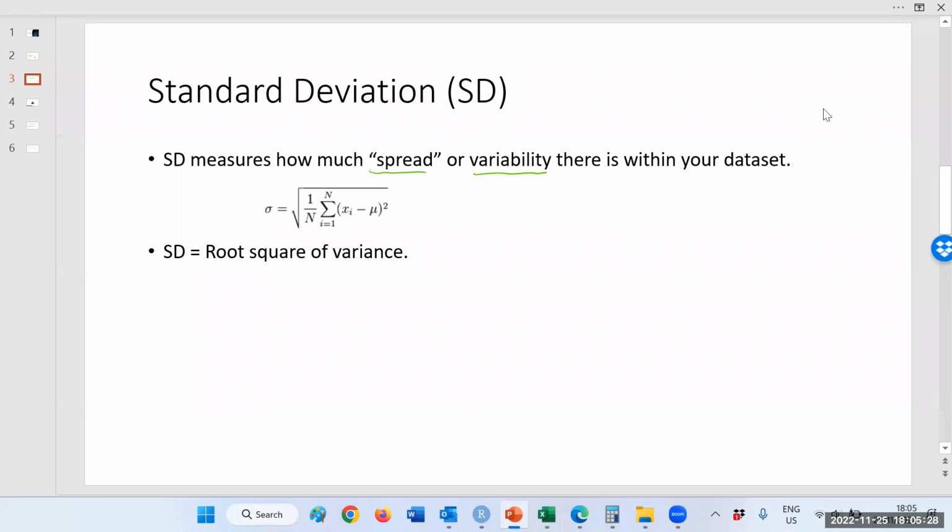The first thing that we need to calculate is this index, and it's calculated by deviating every score in your distribution from the mean, that is subtracting it from the mean, and then calculating the square value of whatever you get, and then dividing it by n, and then taking the square root of the index.